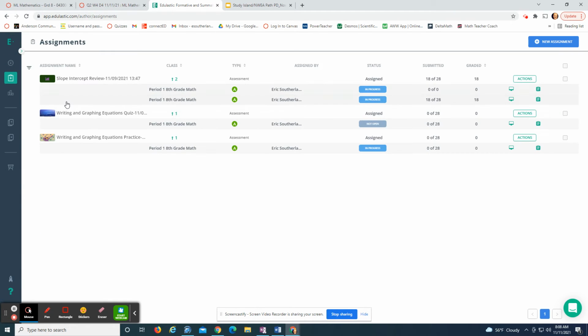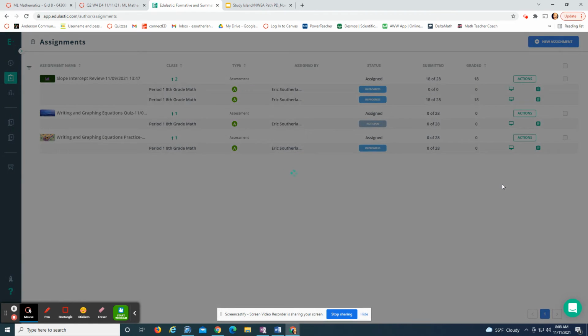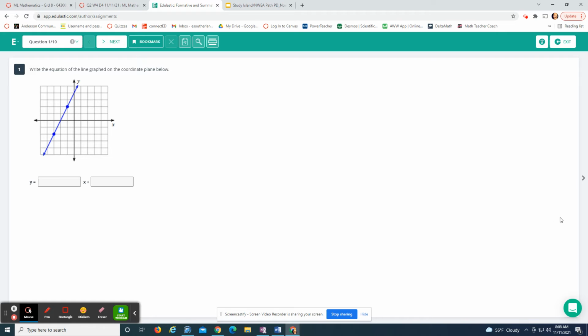You want to make sure that you're doing the one that says writing and graphing equations practice, in case it gives you multiple choices. Your first question should look like this.